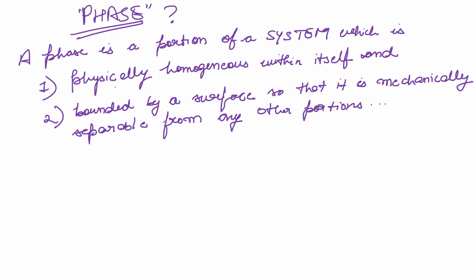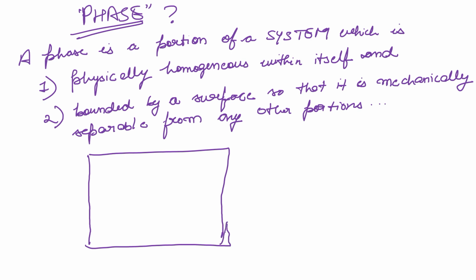So that's how we know that we have crossed over the boundary and moved to a different phase. And it will have a surface or an interface such that it can help us distinguish between different phases.